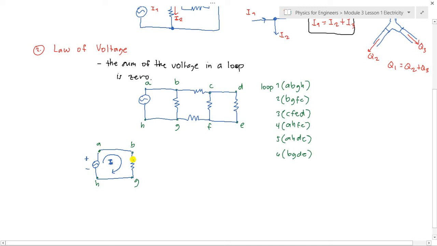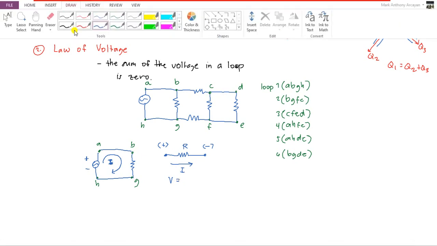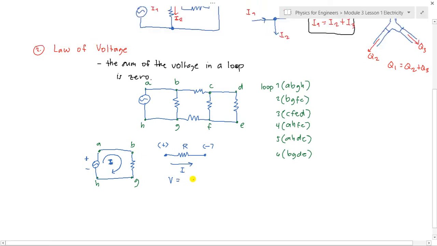Now, if we have a resistor, in order to solve for its voltage, if this is the positive side and the negative side, and the current flows in that way, the voltage, assuming this is R, this is I, the voltage here that is being generated is equal to negative of IR.